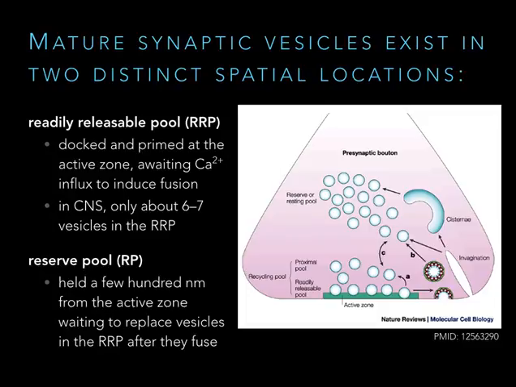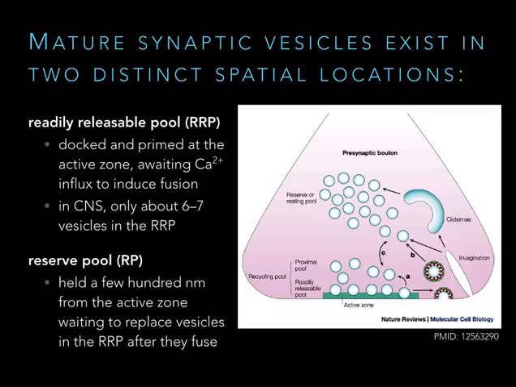And there's only a small handful of vesicles in this readily releasable pool, because active zones are fairly small, so you can only fit a small number of vesicles there. So there's 6 or 7 ready to be released. Then we have our reserve pool, which can be dozens or hundreds of vesicles.